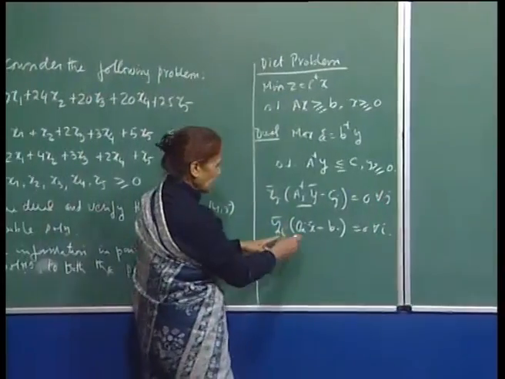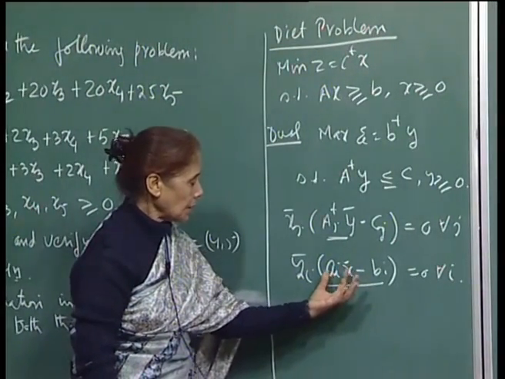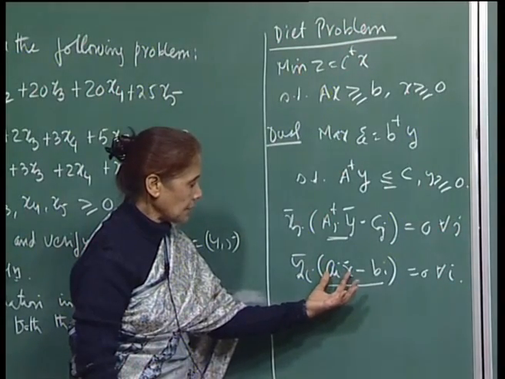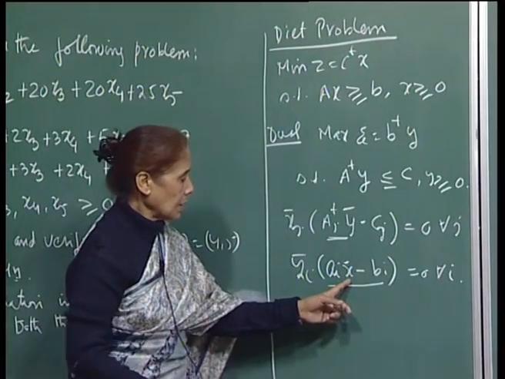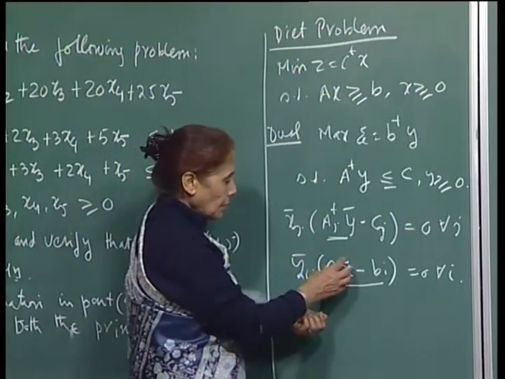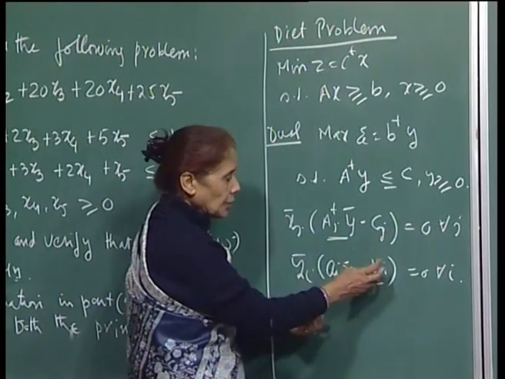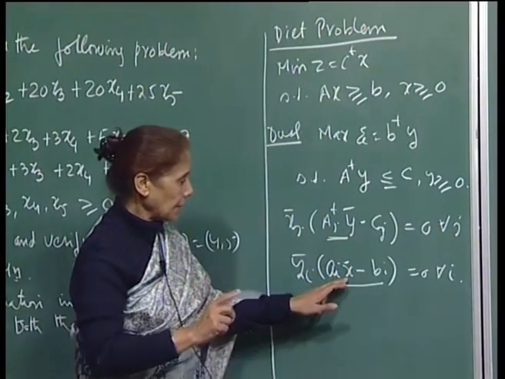And similarly, you can interpret it this way: a_i x bar, where x bar is your optimal diet, tells you the total amount of the ith nutrient the diet contains.